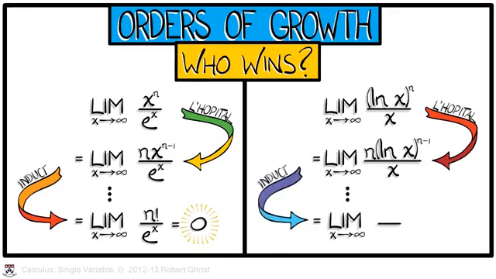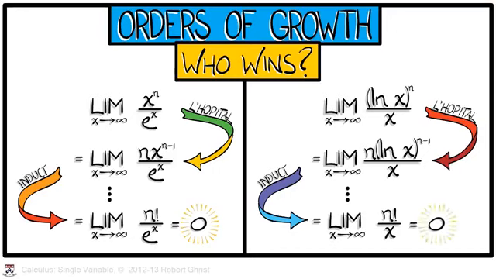However, inducting, eventually, what are we going to get? We'll get a constant in the numerator, that constant being, once again, n factorial, the denominator remaining x.